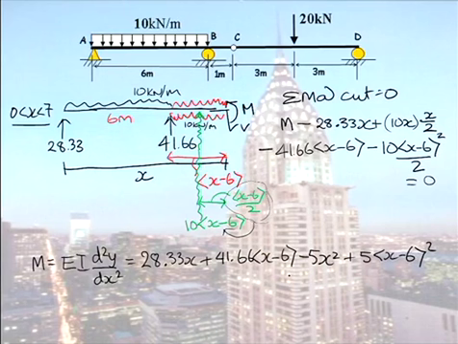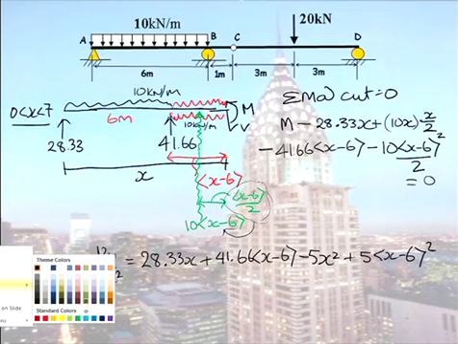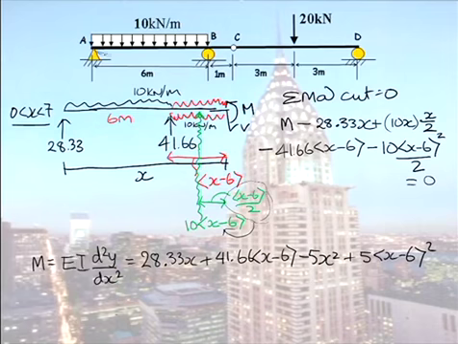So I have 1, 2, 3, 4 terms. So there is my general expression for my bending moment. So from that, I can use that to draw my bending moment diagram if I wish. And if I attempted to plot it, I would get a bending moment diagram that looked like so.